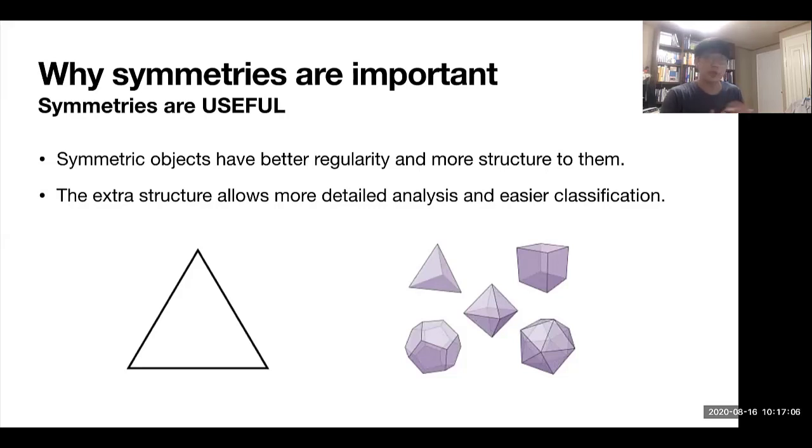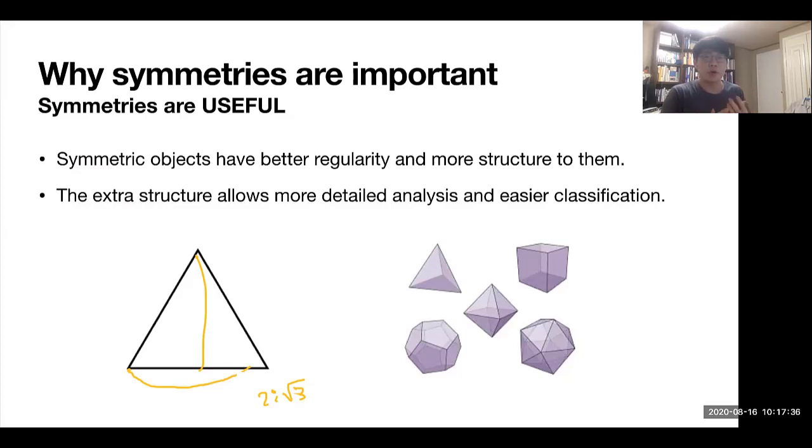So for example, in this equilateral triangle example, in your geometry classes, you might have learned different facts about triangles, but you learn more facts about equilateral triangles. For example, you learn that the ratio of the edge and the height should be 2 to the square root of 3, or that the circumcenter, incenter, and centroid are all the same, and so forth.